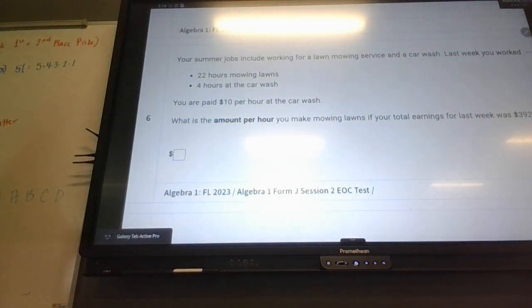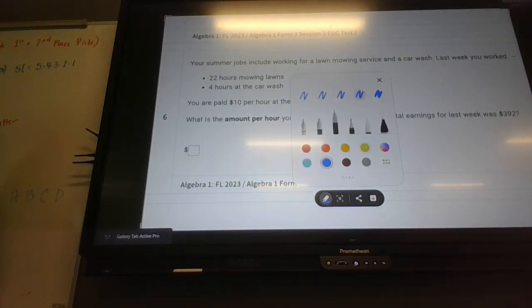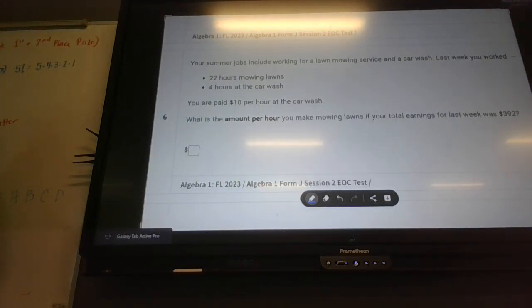Your summer job includes working for a lawn mowing service and a car wash. Last week you worked 22 hours mowing lawns, 4 hours at the car wash. You're paid $10 per hour. You guys know the word per means multiply.